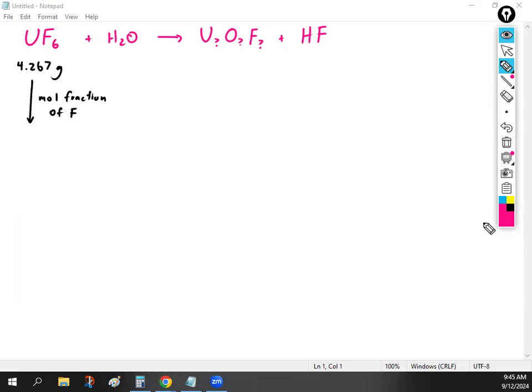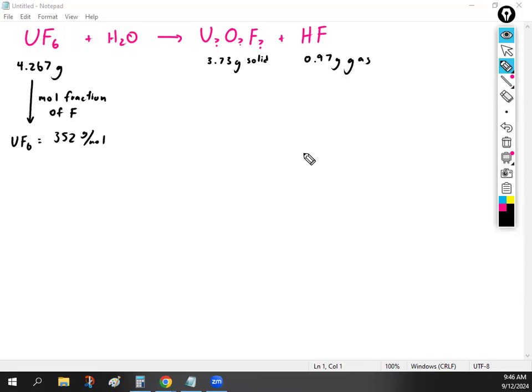So I want you guys to take a second, use your periodic tables, and find the molar mass of UF6. Alrighty, guys. So hopefully you got 352 grams per mole.